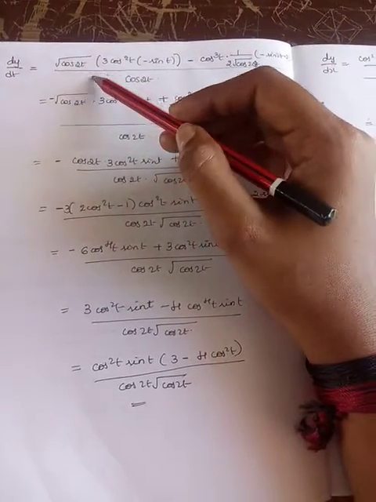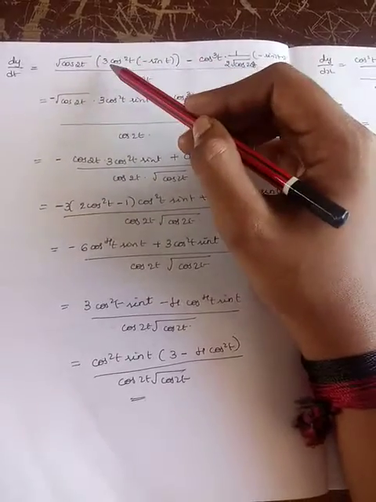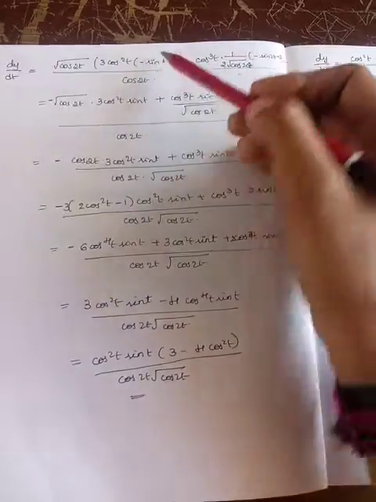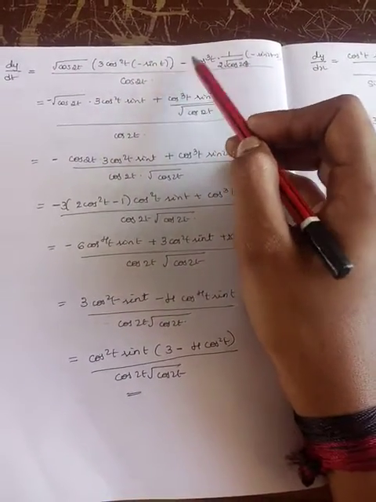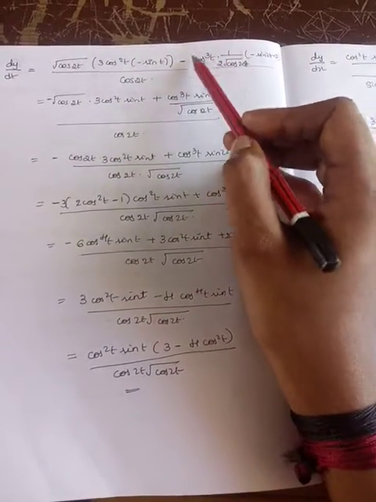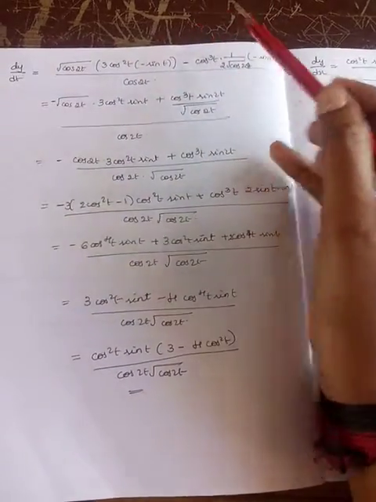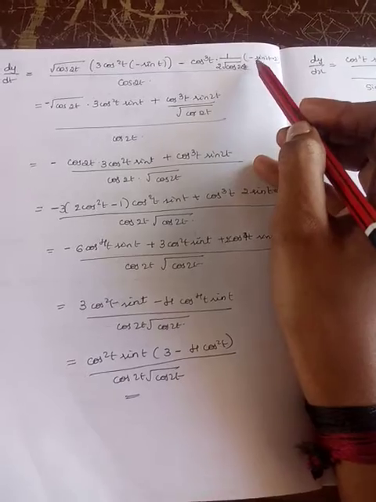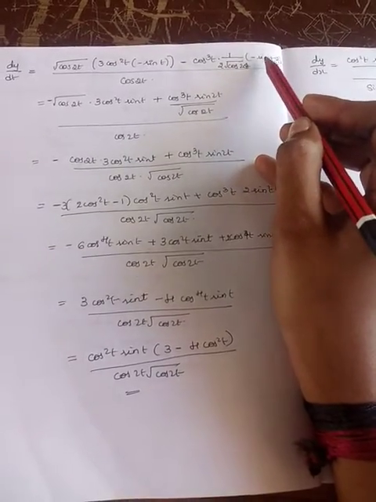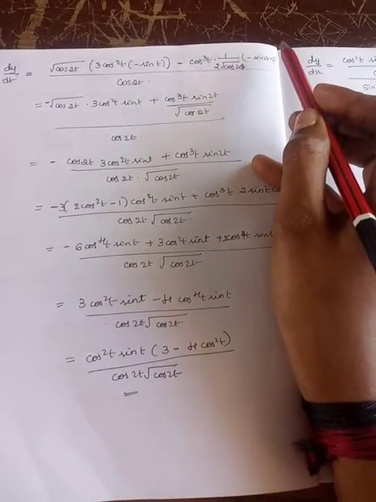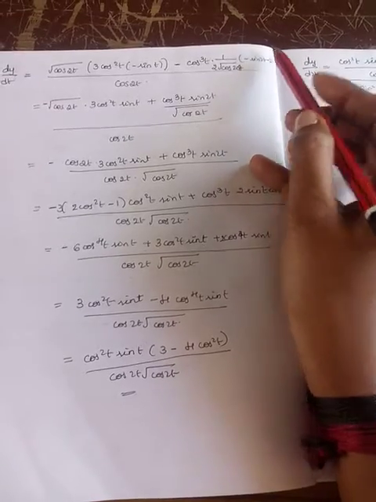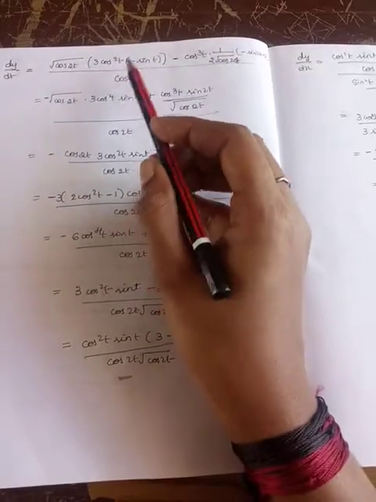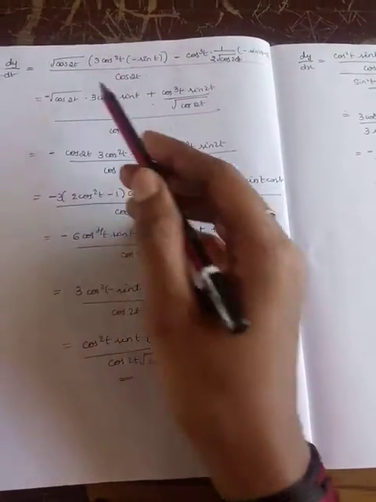So square root of cos 2t into the differentiation of the numerator, 3 cos²t into the differentiation of cos t, which is minus sin t, minus the numerator cos³t into the differentiation of square root of cos 2t, which is 1 by 2 square root of cos 2t into the differentiation of cos 2t, minus sin 2t, into the differentiation of 2t, which is 2. So 2 gets cancelled, minus into minus becomes plus. Here minus into plus becomes minus.